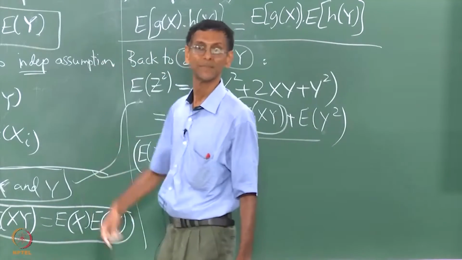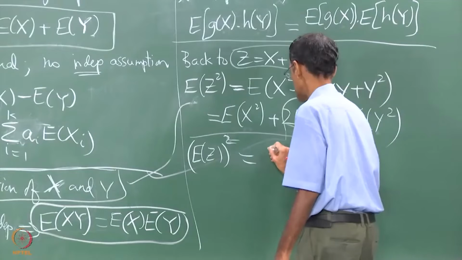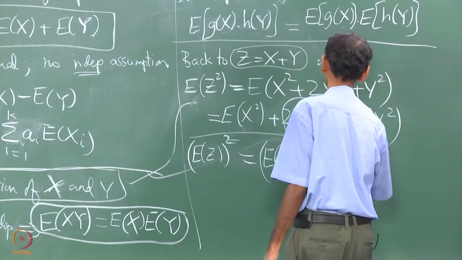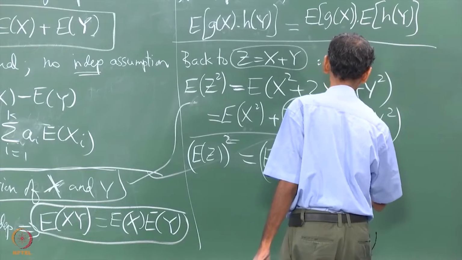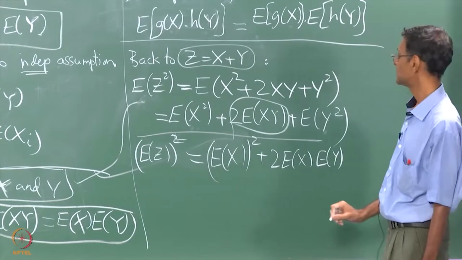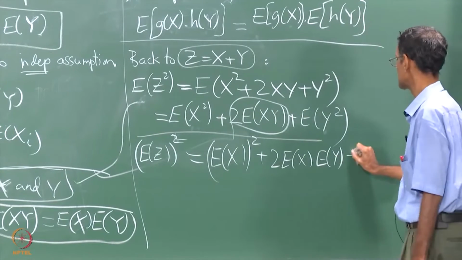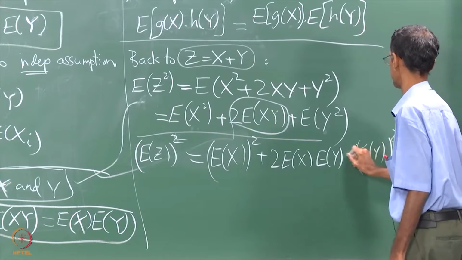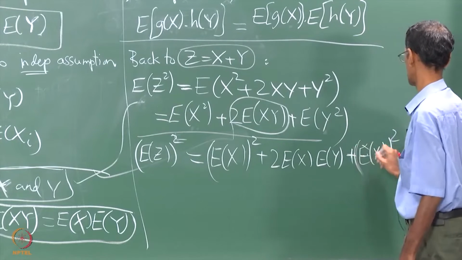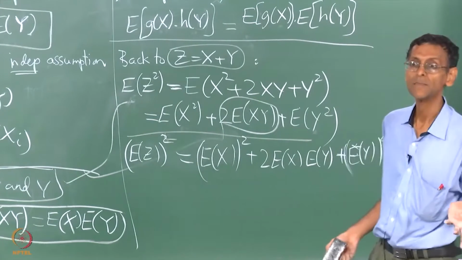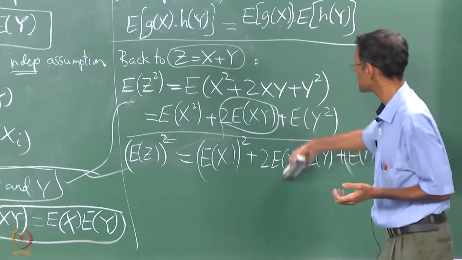From here, it is E of x the whole squared plus 2 Ex times Ey, plus E of y the whole squared. Correct? So now if I take the difference, what do I get?